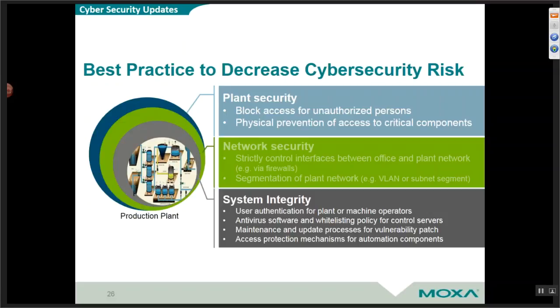Making sure that you have antivirus installed on the PCs on the plant floor, having a whitelisting policy, and making sure that all of your devices, whether PCs, serial devices, or Ethernet switches, are updated and patched for any known cybersecurity vulnerabilities. And then finally, access protection mechanisms for automation components, so that people who are not supposed to have access to these components aren't able to get to them and do something maliciously.